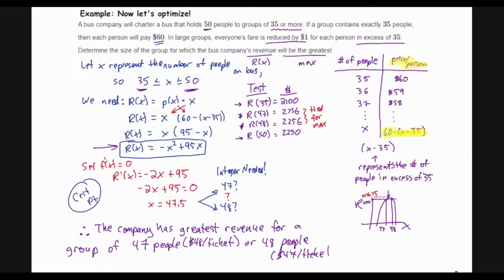And once again, I didn't show the per ticket calculation, but all you have to do is take your x value, plug it back into our demand function, and then you can find that value. It's not strictly necessary, but for the sake of having a nice complete answer, I have included that here.